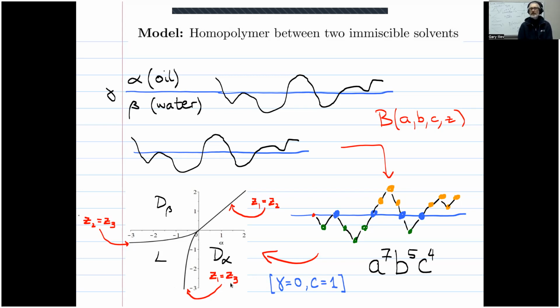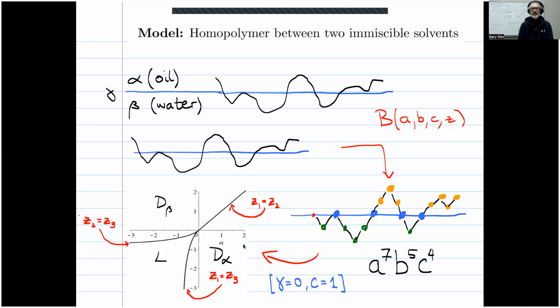But then if I set Z1 equal to the complicated singularity, Z3, then I get a boundary here which separates the polymer from being delocalized into the alpha phase. You can notice that this delocalized alpha phase here is the dominant phase when alpha is very large and consequently beta is small, or less than alpha. That's the situation where we think of the polymer as just living entirely in the upper solvent.